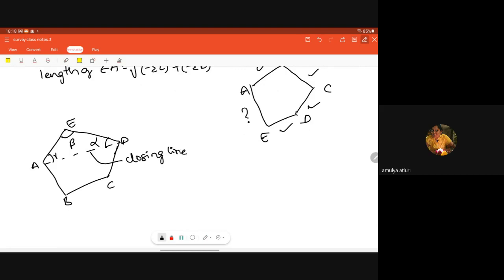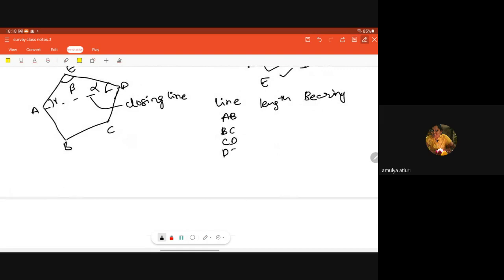If length of one side and bearing of adjacent side are omitted: line, length, bearing. So AB, BC, CD, DE, EA. I got this one, DE I don't know. And bearing also, EA I don't know. Then how do we calculate?